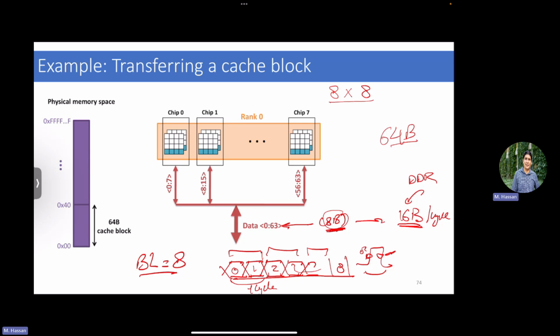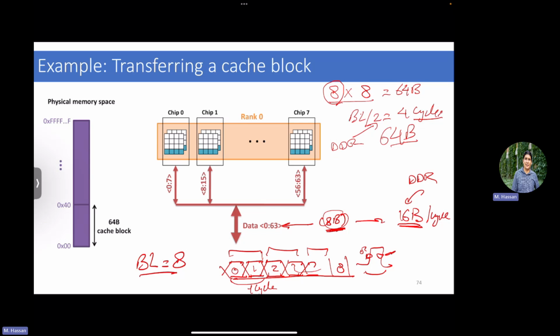This gives you 64 bytes, but how many cycles would you take? You wouldn't be taking 8 cycles. You would rather be taking your burst length, the number of beats, over 2, which is basically 4 cycles because of the double data rate. This is because of the DDR.